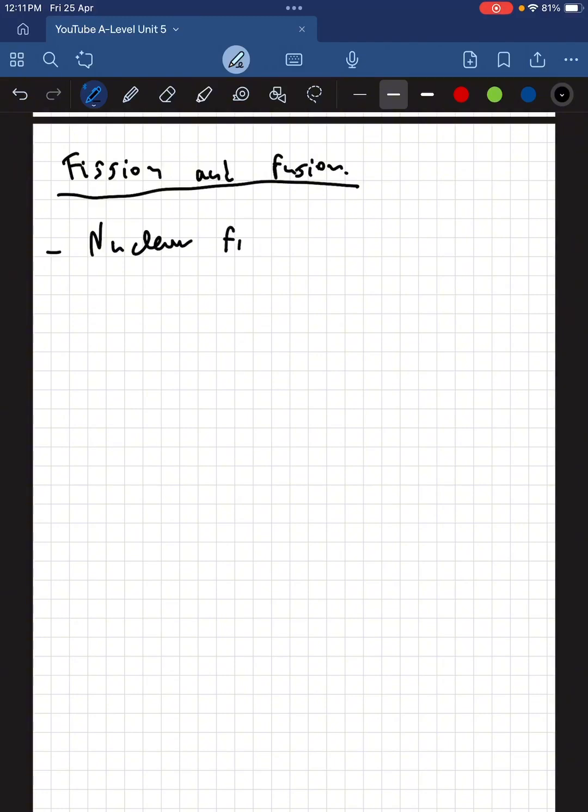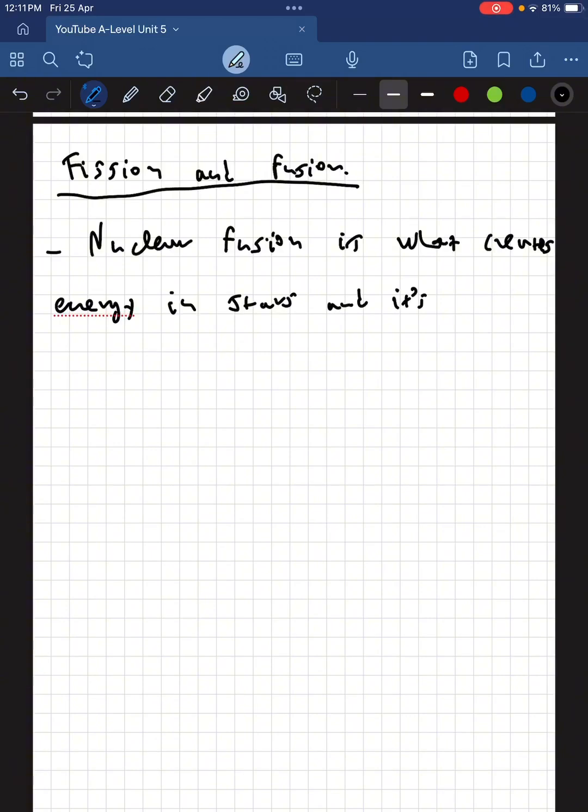So nuclear fusion is what creates energy in stars. And it's where it usually takes place.